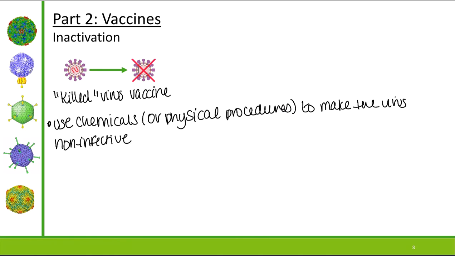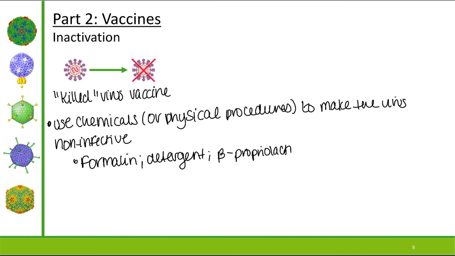So the virus itself remains intact, but it cannot infect. Some examples are things like formalin that can be used. We can use things like detergent. We can use beta-propiolactone. So these are common chemicals that are used.